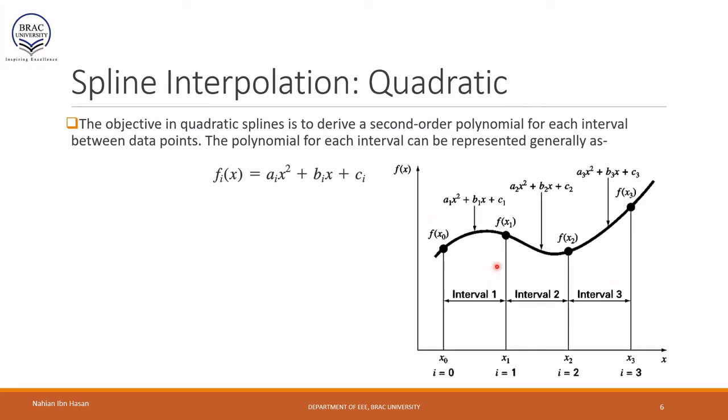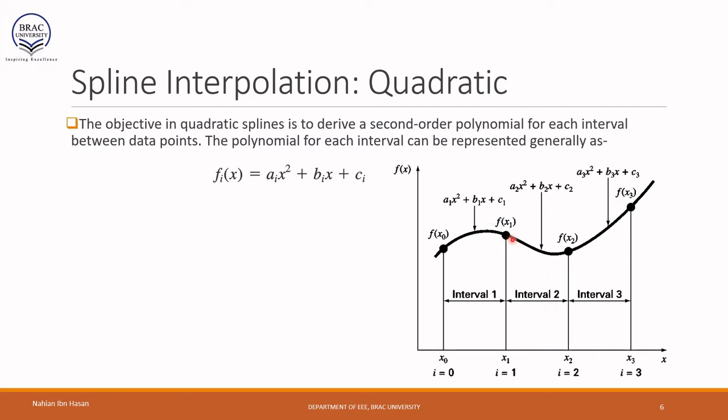So the figure looks something like this. This is the function f of x, and we are given 4 data points: x0, x1, x2, and x3. Since we have 4 data points, there will be 3 intervals. Within each interval, I fit a curve that is of second order. Within the first interval, I fit a second order curve which looks like a1 x square plus b1 x plus c1.